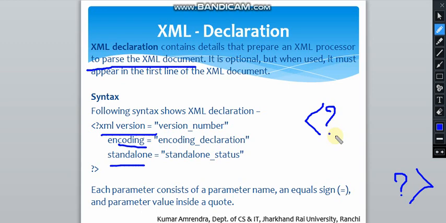And inside the declaration we write the XML version, that is which version we are using, and the encoding, that means UTF-8 encoding, UTF-16 or any other encoding we are using; we have to write it in this declaration part. Each parameter consists of a parameter name, an equal sign and the parameter value.